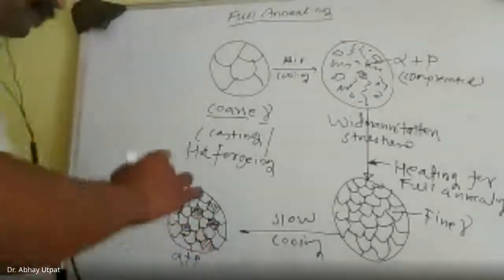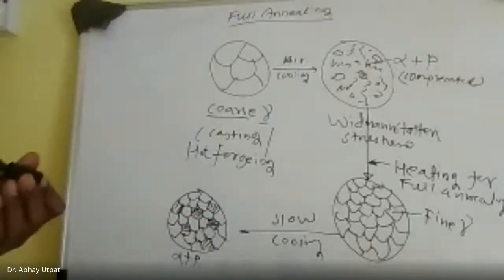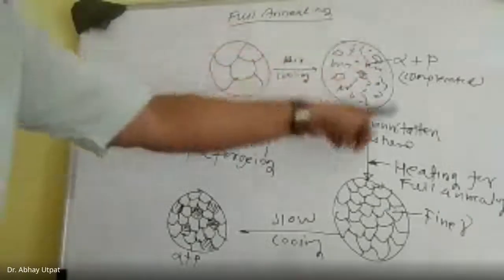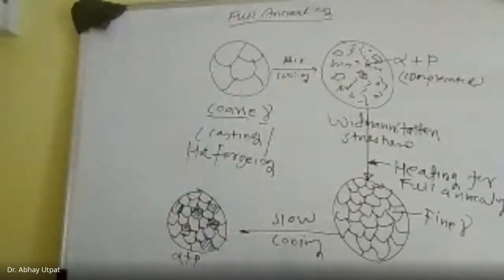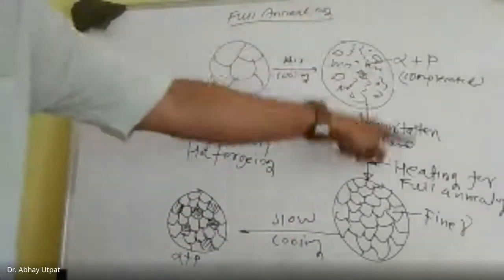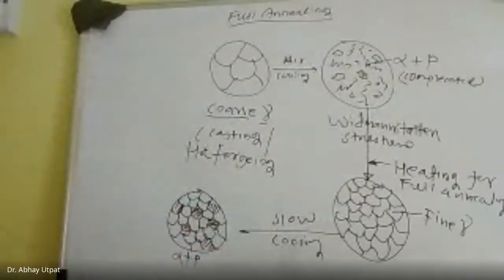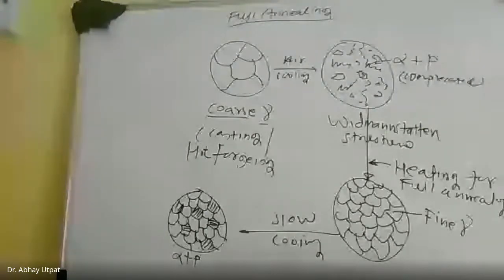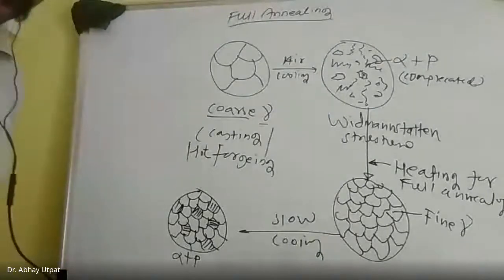Alpha plus P. So this is the first objective of full annealing. In this way I have shown the cycle. I repeat the first objective: to refine the grain size of cast and hot worked components.